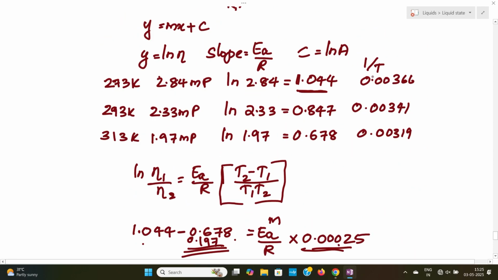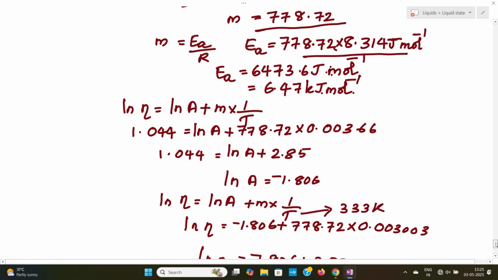This is at 273 Kelvin, 1 by T. Here we have taken the viscosity at 273 Kelvin, so here also we have taken 273 Kelvin. From this we can find out the value of ln A. The ln A is minus 1.806.